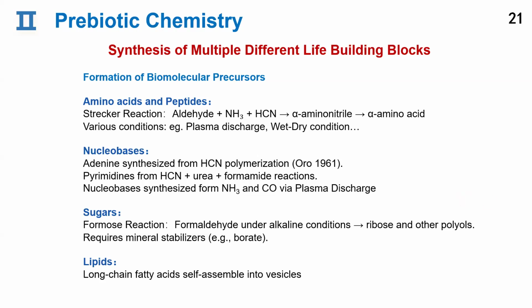Here we showed the various pathways to the basic molecules from gases. For amino acids and peptides, the Strecker reaction and its variations are very important to synthesize the amino acids and the peptides.